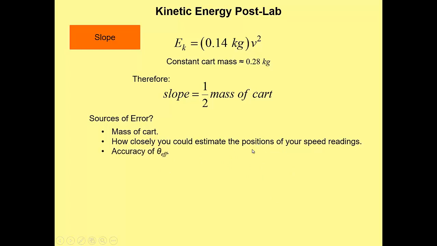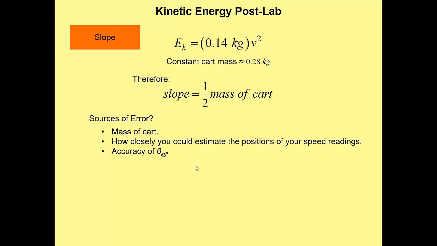Probably the biggest error, though, was how well the first half of your lab went and how accurate your effective angle was, which, if you remember, was the angle of the track that acts like there's no friction, because there actually was a little friction with the carts. So we used the effective angle to mask that effect of friction and get that out of there, so we didn't have to worry about the dissipated energy aspects of things, so that at the bottom of the hill, it was all kinetic.